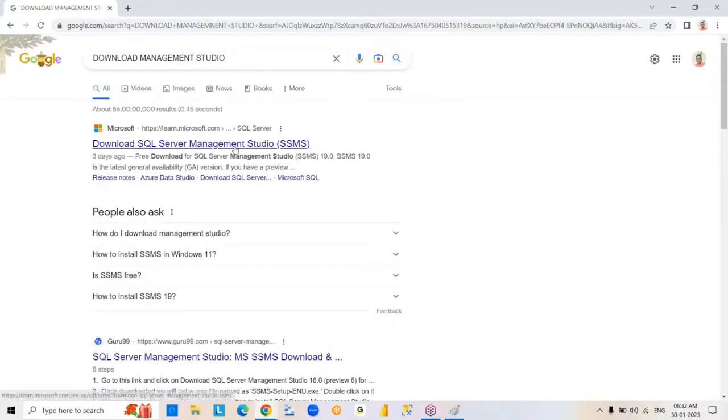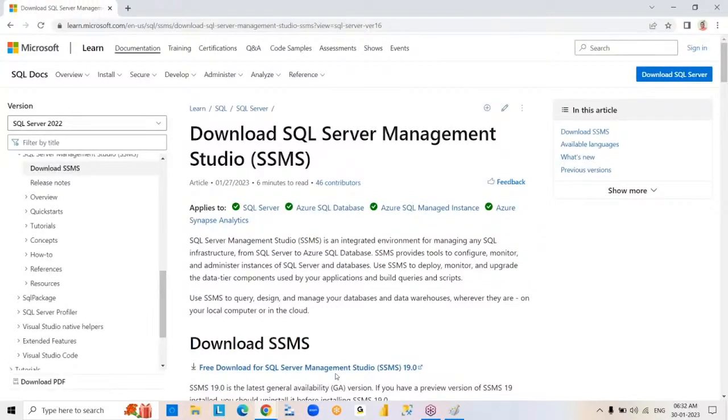SQL Server Management Studio. Go to this website. Here you can see this 19.0. Previous version of the Management Studio 18, now it is 19. You download this version of the Management Studio and you can go for installation.